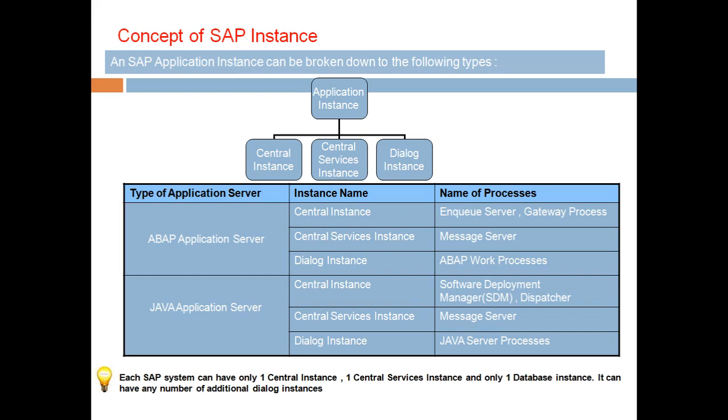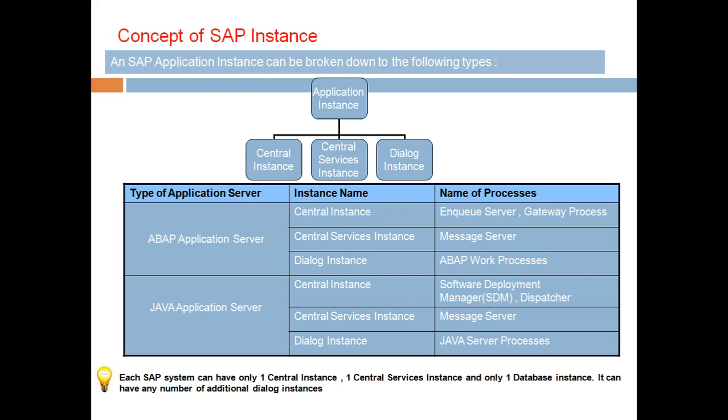So an SAP instance is basically defined with a system ID. As I showed previously, we identify the SAP system by its SID, right, and instance number. As we've seen, the SID contains 3 characters and the instance contains a 2-digit number, like 00, 01, 02. Similarly, an SAP instance is identified with a system ID and instance number.